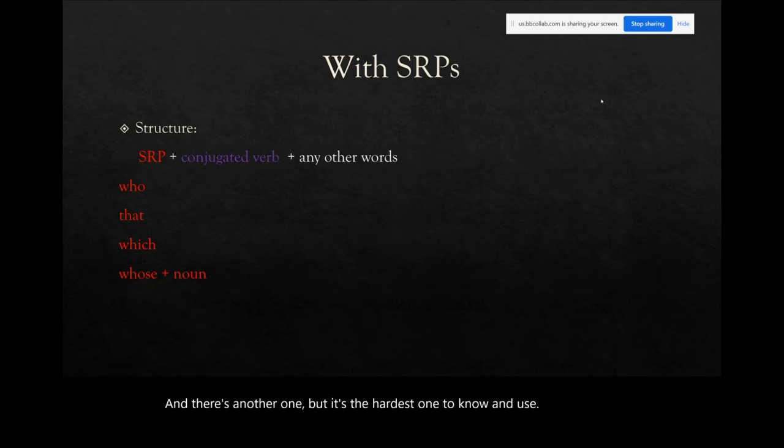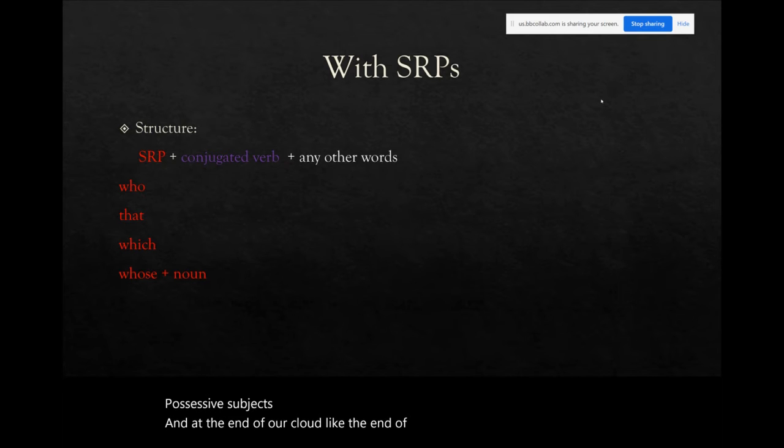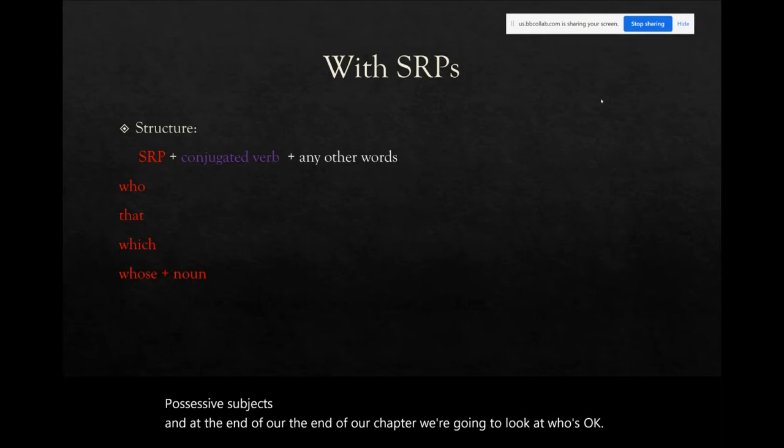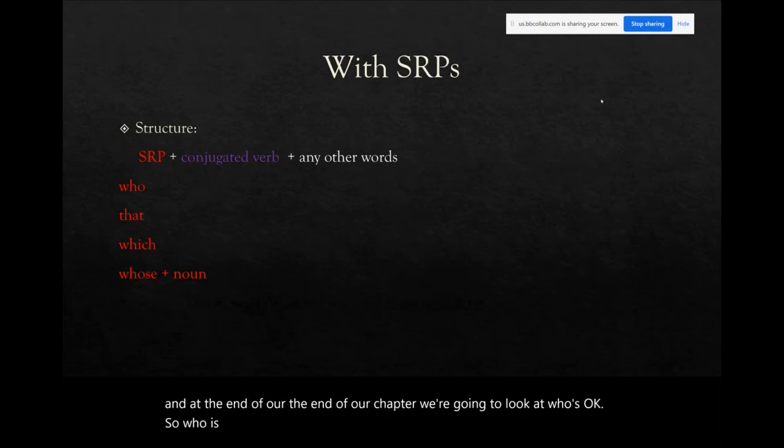It's whose plus a noun, and this one is going to be for possessive subjects. And at the end of our chapter, we're going to look at whose. So who is not the same as whose.